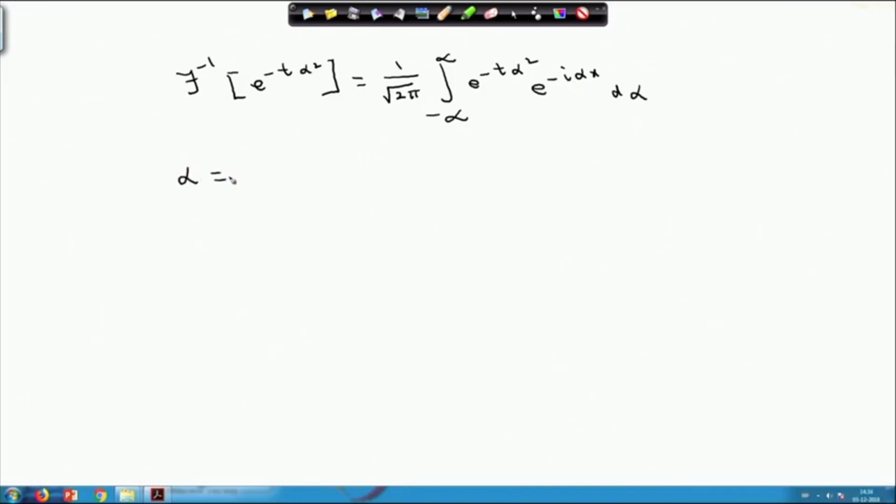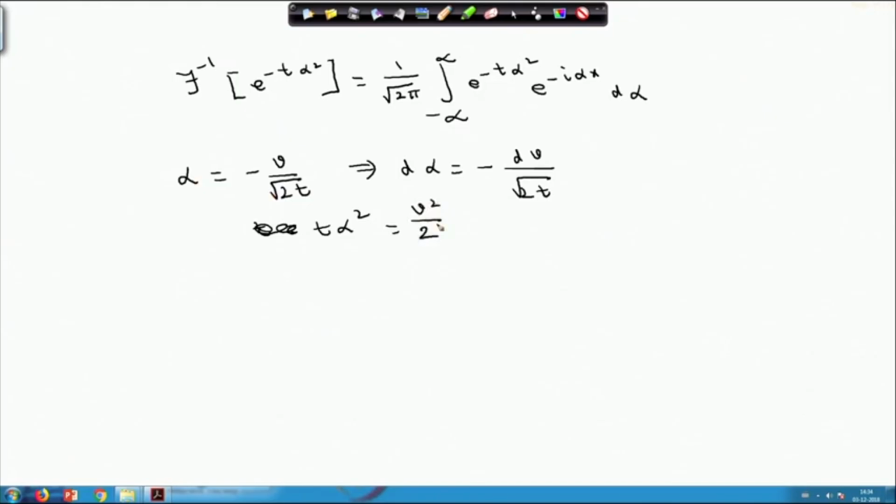Now say alpha equals minus v by root over 2t, which gives d alpha as dv by root over twice t.